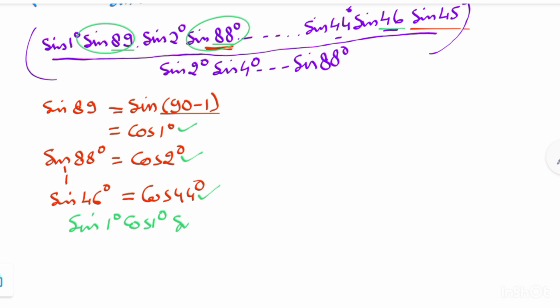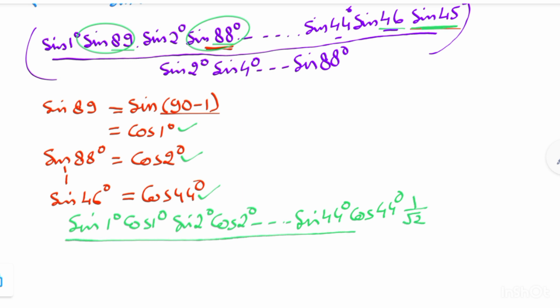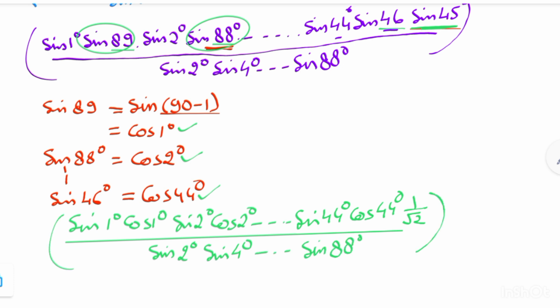So this will be sine 2 degree into cos 2 degree and so on to sine 44 degree into cos 44 degree, and sine 45 will be 1 by root 2, divided by sine 2 degree, sine 4 degree, and so on to sine 88 degree whole square.